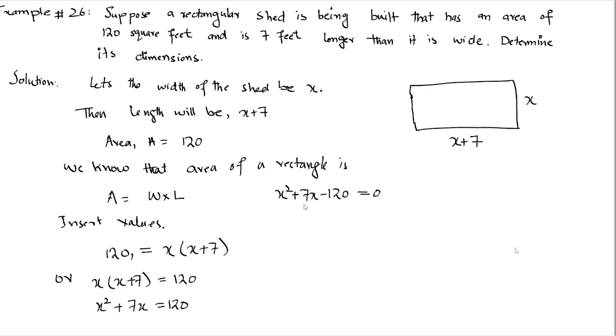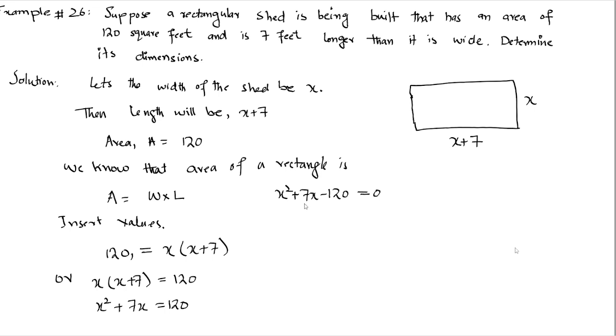So we will write 7x as the sum of two numbers whose product is equal to the product of coefficient of x square and the constant, and whose sum is equal to the middle term. So that will be 1 multiplied with 120 is 120. We have a negative sign, so this is minus 120.